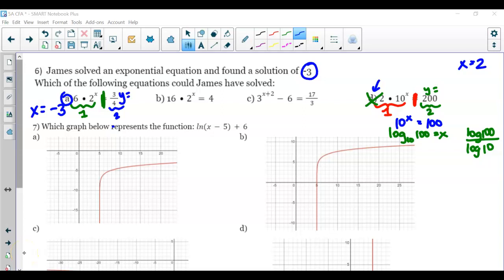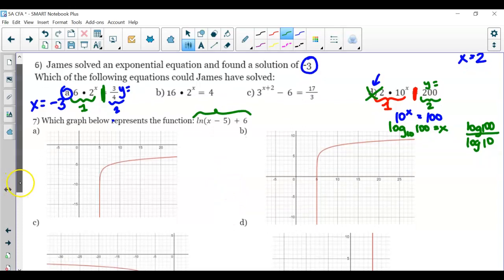Now in question number 7, you're looking to see which of these graphs represents our natural log of x minus 5 plus 6. So here we could go directly into graphing in Desmos and seeing which graph matches. Now I notice, sorry about that, I just realized I did that.